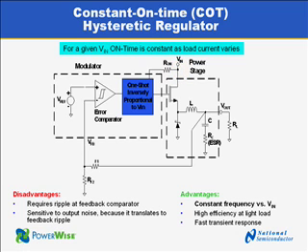So for a given VIN, the on-time is constant, even if the load current varies. So overall, the addition of the constant on-time block results in a constant frequency operation. In addition, the constant on-time provides high efficiency at light load and fast transient response at load changes.